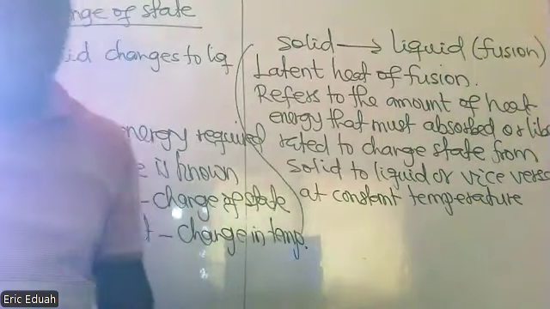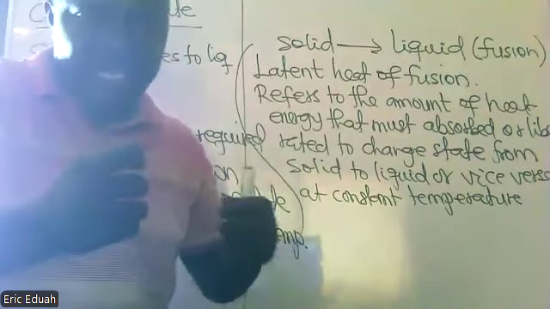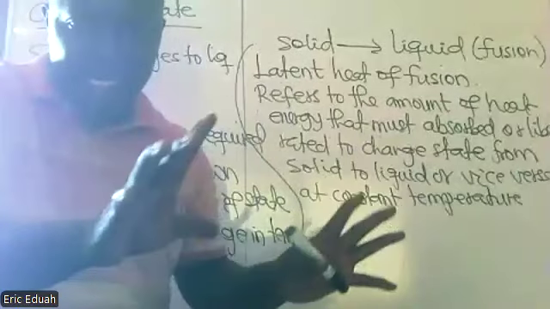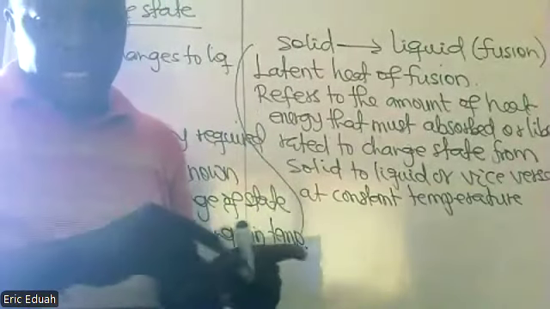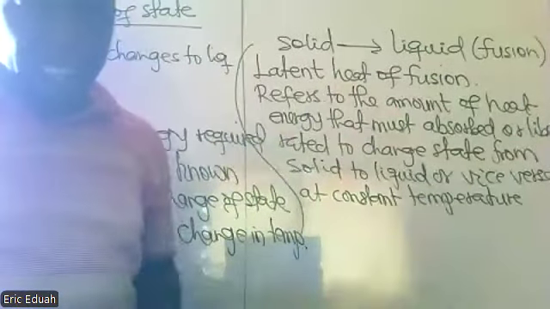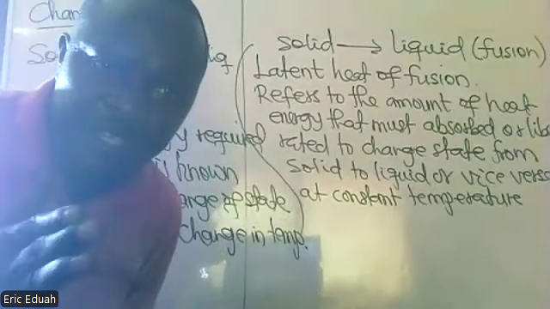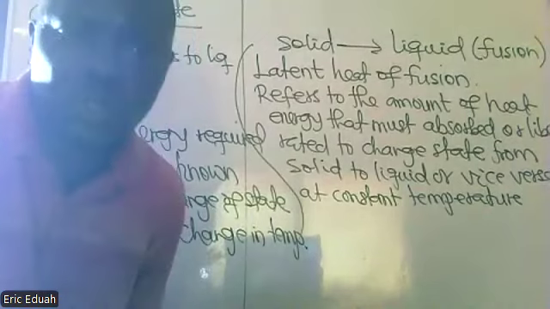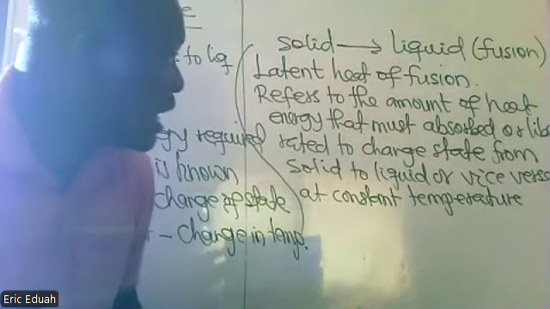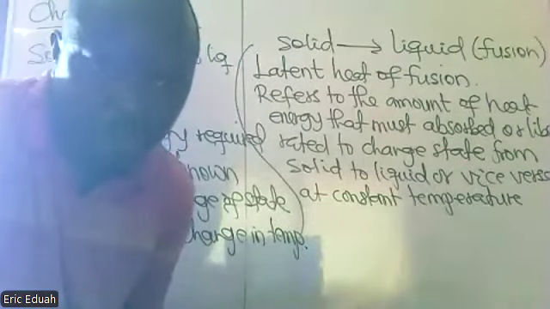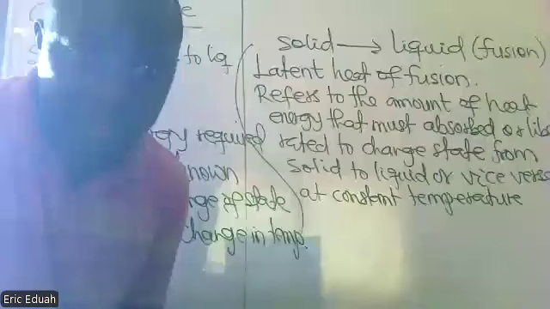Liquid to solid, heat energy must be given out, liberated, okay, to change state. That amount of heat energy responsible for fusion, that same amount of heat energy is also required for freezing or for solidification. Okay.